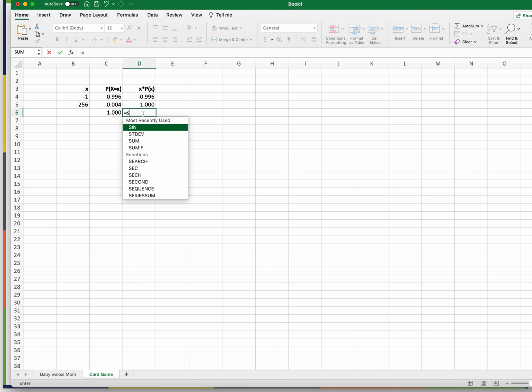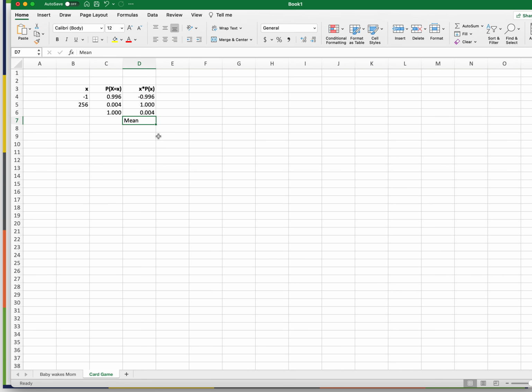If I take the sum of that, my average gain is 0.4 cents. Well, that doesn't really make sense, does it? 0.4 cents. But if I do this over and over and over again, by the law of large numbers, this number here becomes what my average winnings will be.